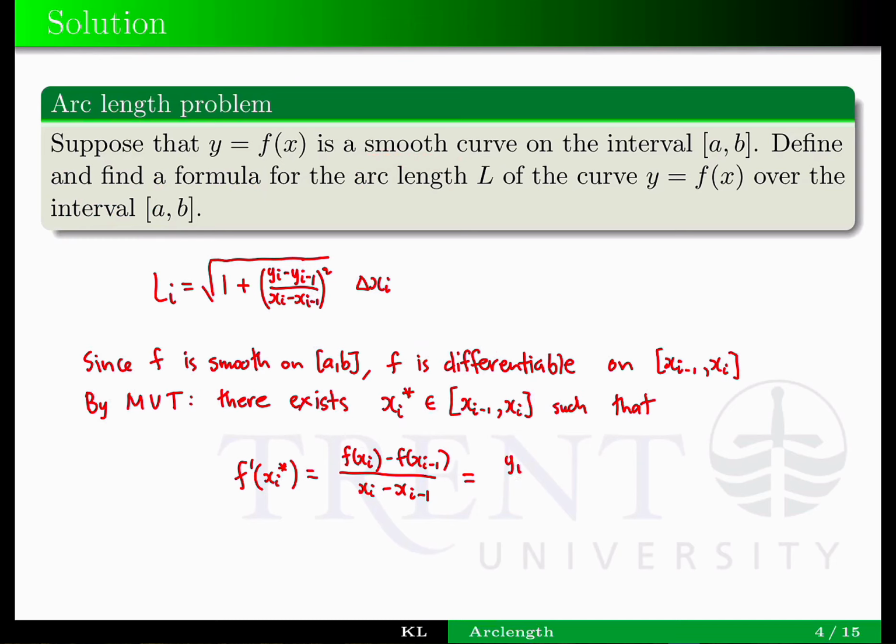So that is just y sub i minus y sub i minus 1 divided by x sub i minus x sub i minus 1. So this means that this expression here can be replaced by f prime of x sub i star. So L sub i will be the square root of 1 plus f prime of x sub i star, squared, times delta x sub i.